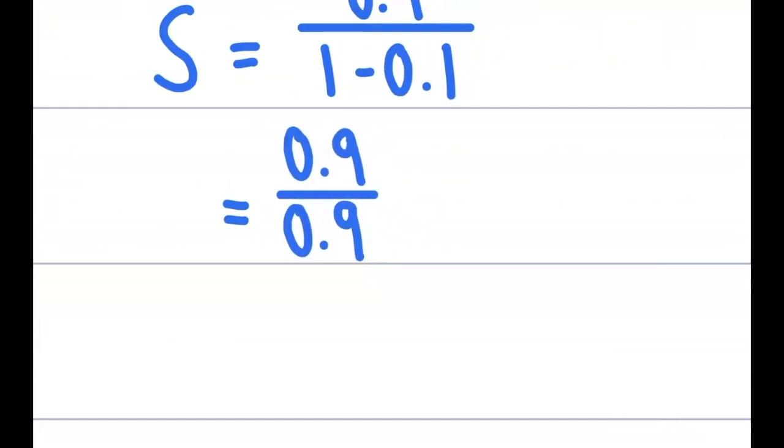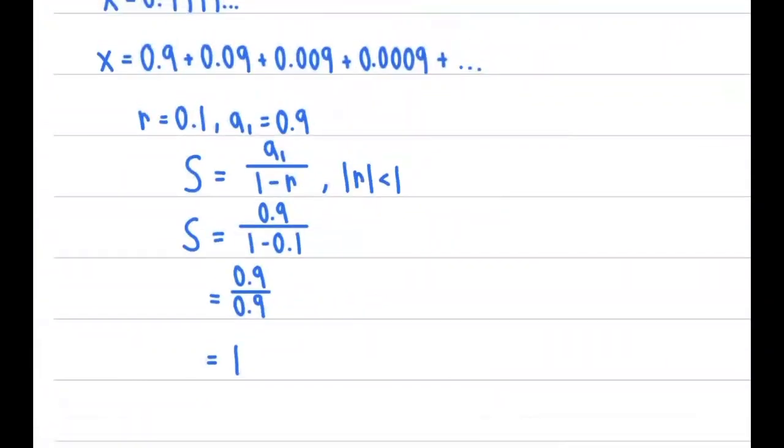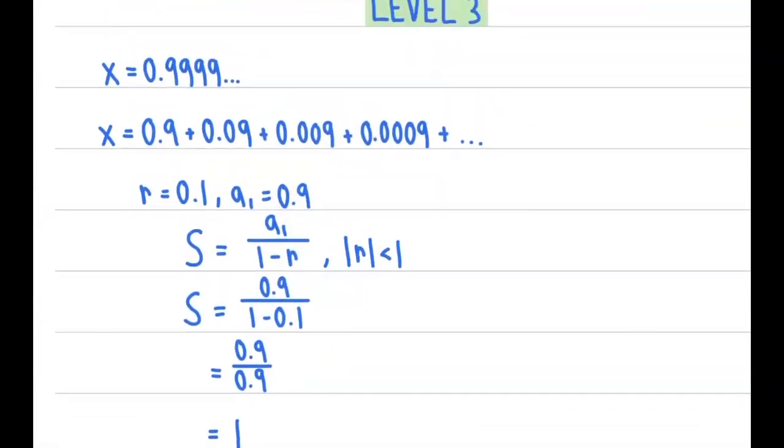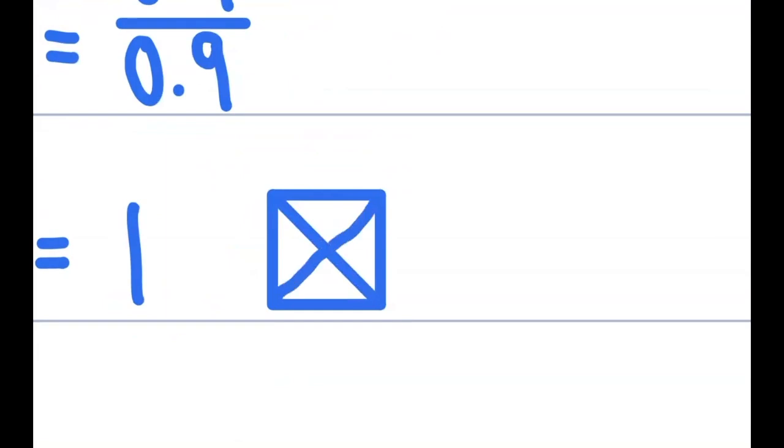And a number divided by itself is just 1. So this whole thing adds up to 1. And it also equals 0.9 repeating, like I said at the start. So that means 1 equals 0.9 repeating. And I'll put my little box, which means that the proof is over.